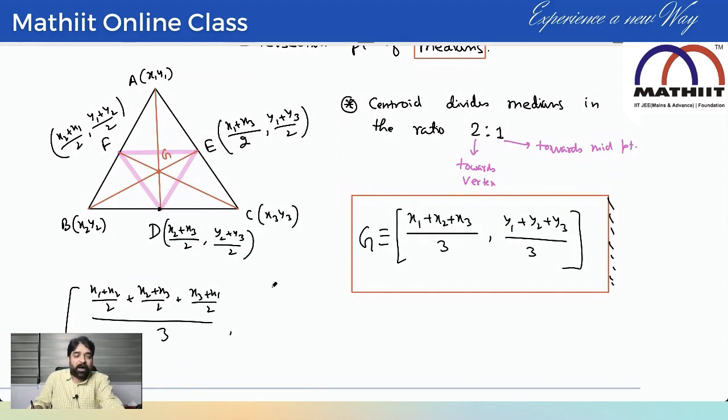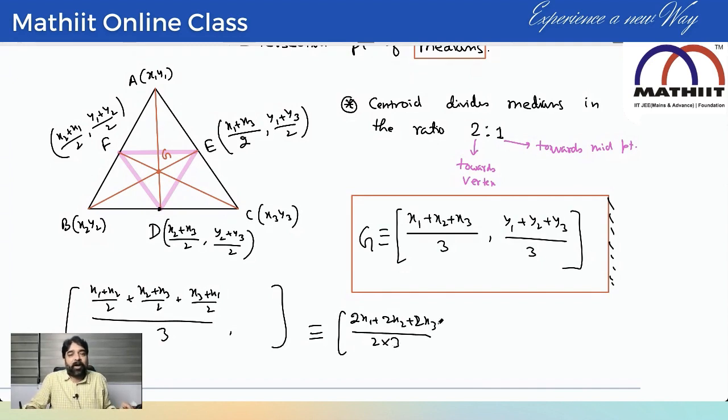I'm not writing the ordinate; the ordinate will also remain the same. It becomes (2x1 plus 2x2 plus 2x3) divided by 2 into 3. Yes or no? If you take 2 common and cancel, you get (x1 plus x2 plus x3) by 3. And y also follows the same procedure.